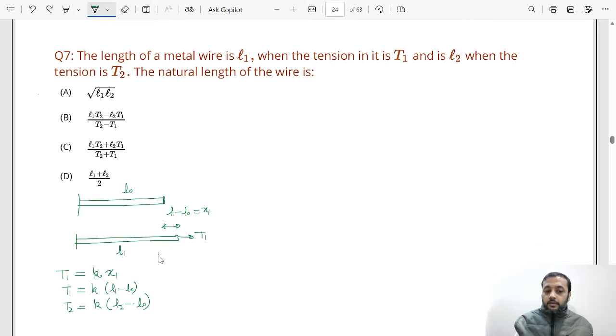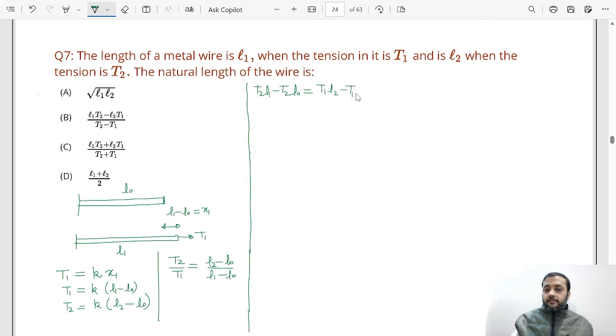Now, my dear friends, you can just divide T2 by T1. If I divide T2 by T1, then we will get L2 minus L0 upon L1 minus L0. If I cross multiply, this becomes T2 L1 minus T2 L0 equals T1 L2 minus T1 L0.